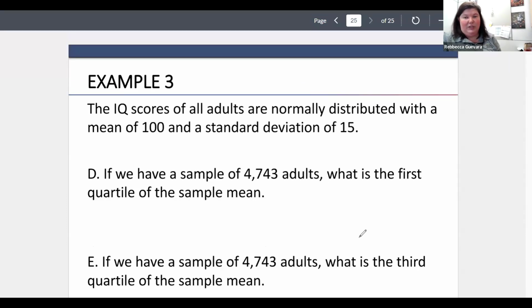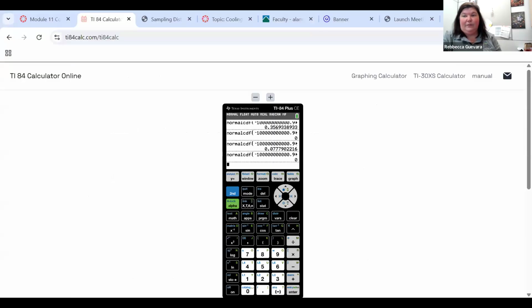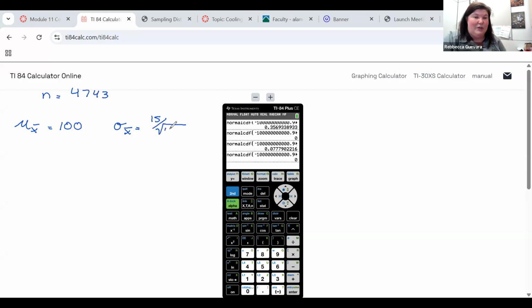So remember what I'm looking at here. Let's go back to the other screen. We're still looking at a sample size of 4,743. Mean still 100. Standard deviation is going to be that 15 divided by the square root of 4,743.